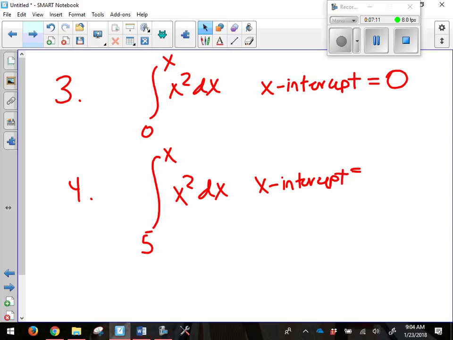Nothing appeared on my calculator. Well, yeah, the x-intercept is at 5.